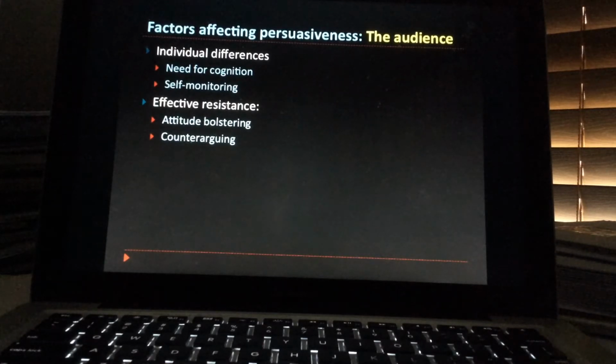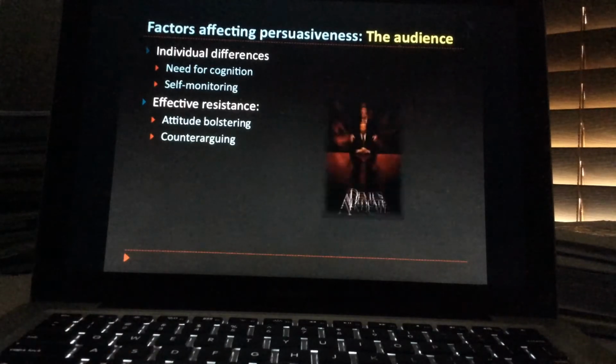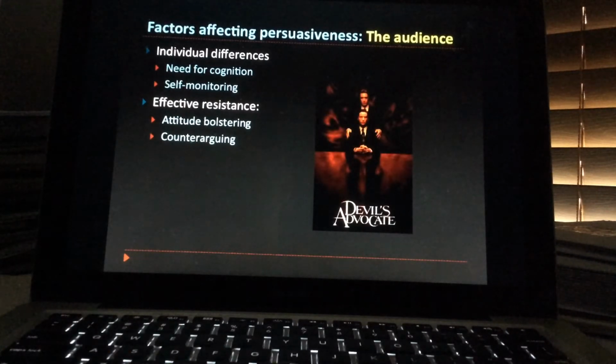So if I say to you, hey, I'm going to try and convince you to vote for me for class president, as soon as you know that you're about to be persuaded, you get this defensive psychological reactance on, right? You know that it's about to happen, and so you can bolster your own attitude. It strengthens the attitudes that you already have, and you're more likely to engage in counter-arguing.